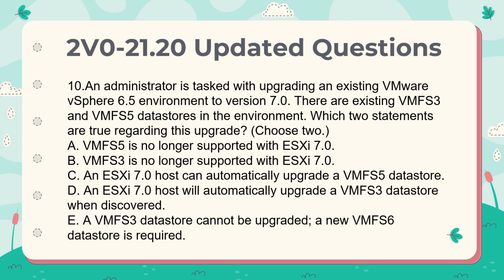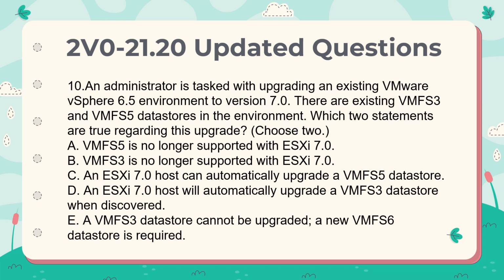10. An administrator is tasked with upgrading an existing VMware vSphere 6.5 environment to version 7.0. There are existing VMFS3 and VMFS5 datastores in the environment. Which two statements are true regarding this upgrade? Choose two. A. VMFS5 is no longer supported with ESXi 7.0.